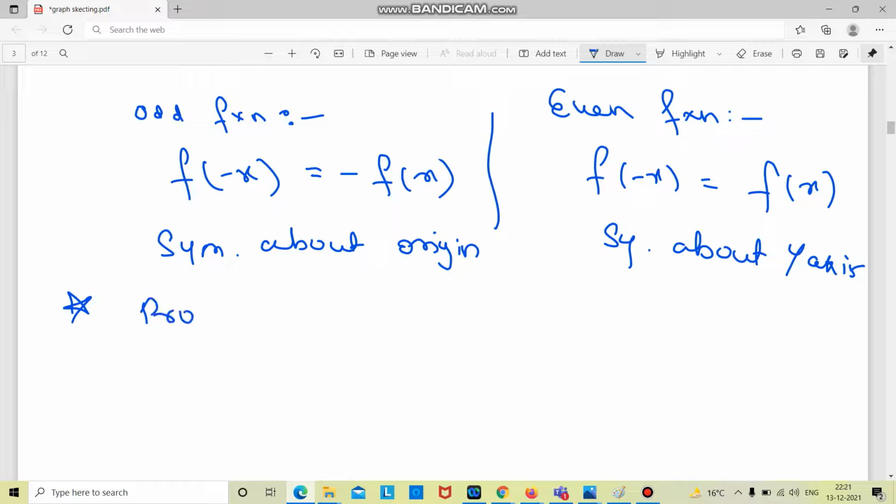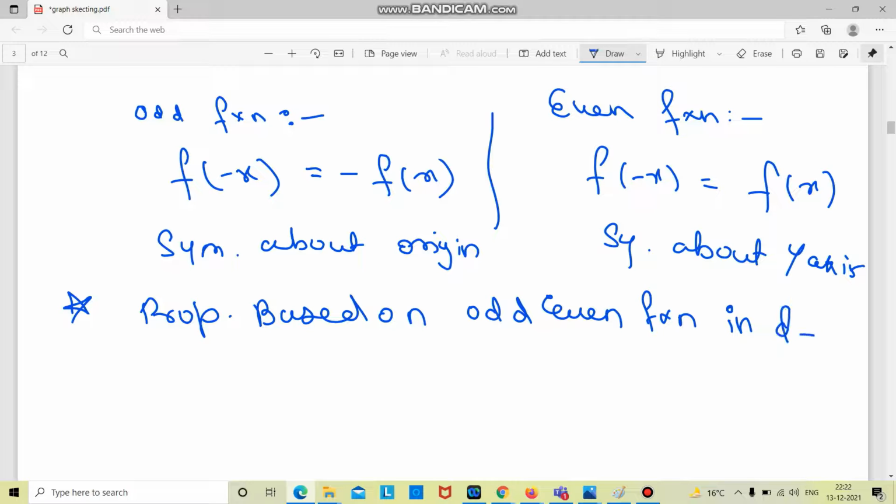Let's discuss some of the properties based on odd and even functions in definite integration.